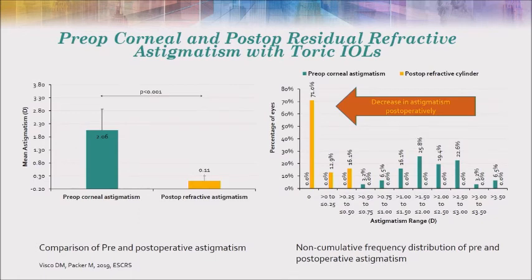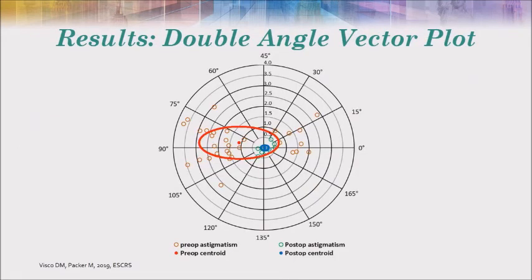Now, I have about 20 patients left to get into the study. I'm anticipating that it might not be so good when I finish, but I think it's pretty good right now, and I was pretty excited about that. This is also a double-angle vector plot of pre and post-op, the pre being in the red and the post-op being in that tight little blue circle in the middle.